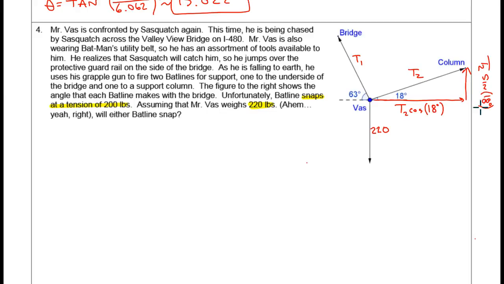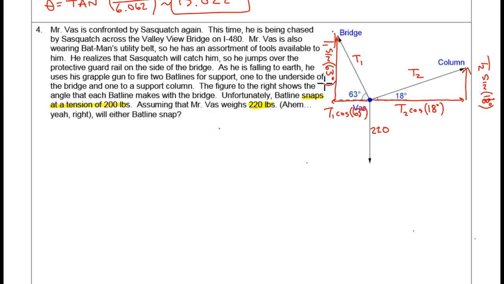Same type of situation over here, except the horizontal tension is going to go this way. So that's T1 times the cosine of 63 degrees. Better move that off of the other label in the problem. And the vertical component there is going to be T1 times the sine of 63 degrees.